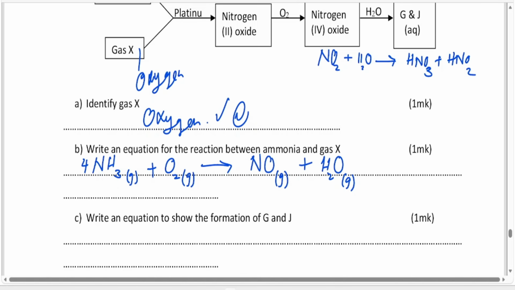Then for 4 nitrogen becomes 12, so nitrogen will also make it to be 12 by putting a 2. Oxygen 4, 10, so I balance the oxygen by putting a 5, and the equation becomes balanced.